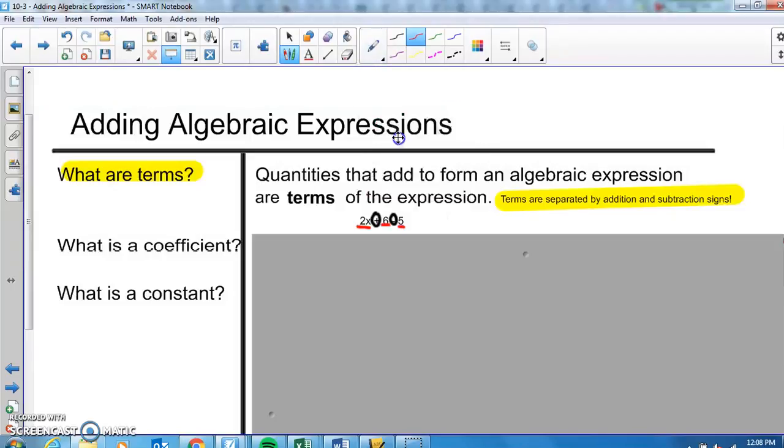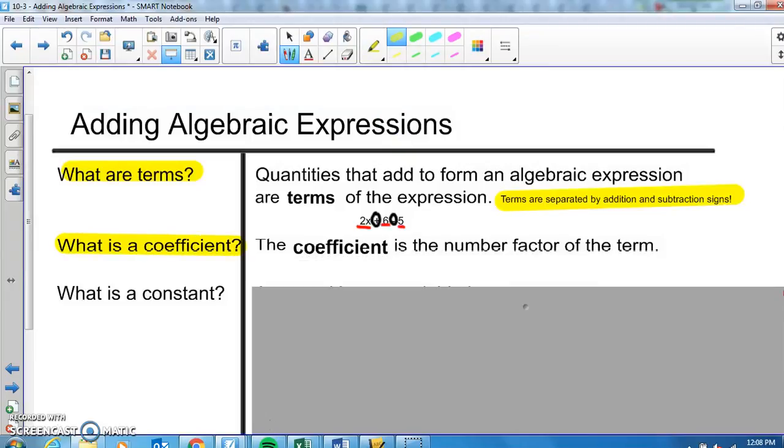Next thing is coefficient. Most of you know these things already. A coefficient is the number factor of the term. Another way I want you to think about it is the number in front of the variable.